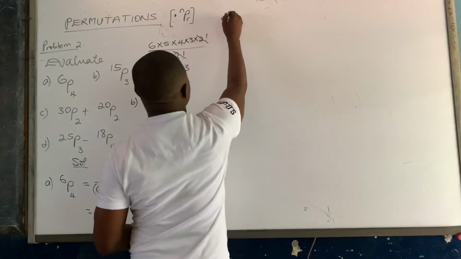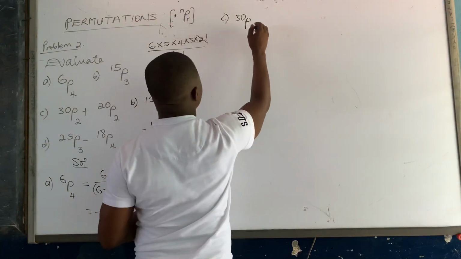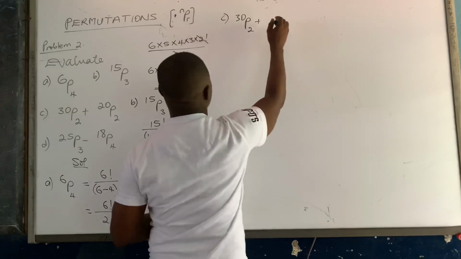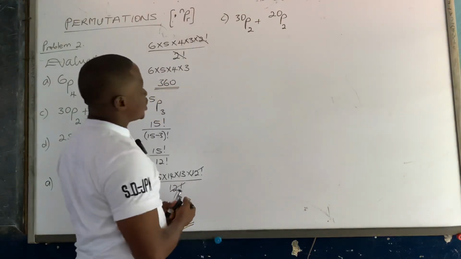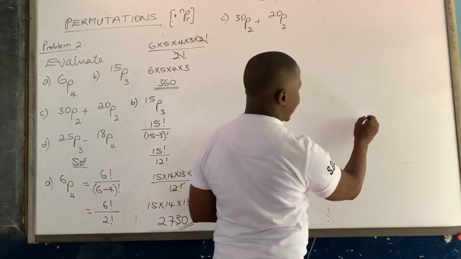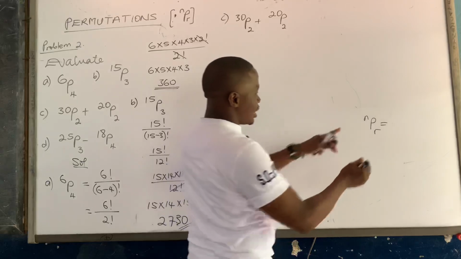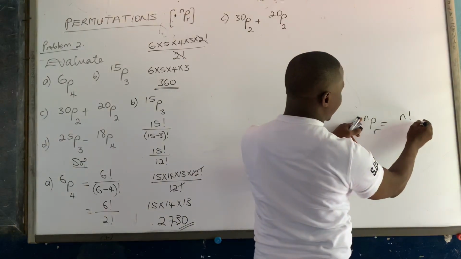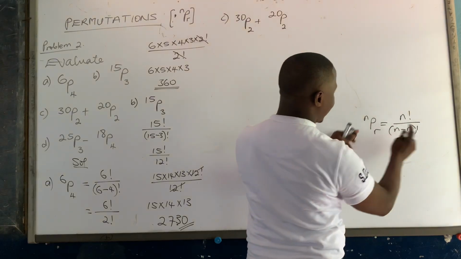So the third part of the question says 30 permutation 2 plus 20 permutation 2. Don't forget that n permutation r, as the general permutation formula says, is n factorial divided by n minus r factorial.